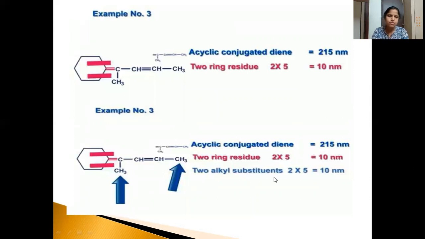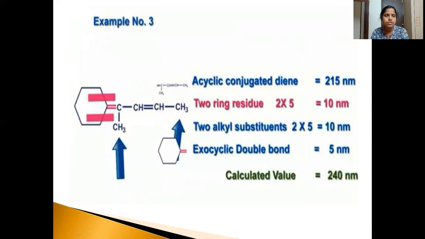Now we have to see what else is present in this compound. We also have this double bond. If you look at this carefully, it is outside the ring. That means it is actually an exocyclic double bond. So you can see the double bond which is present outside this ring.